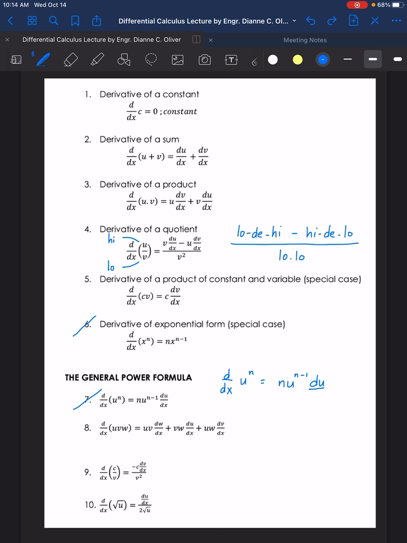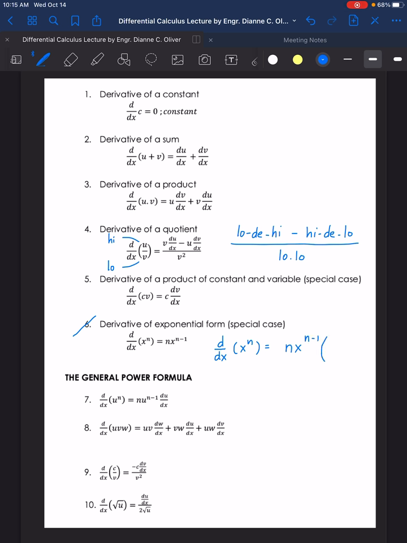Right? Now let's go to formula 6. For formula 6, the base here is not u, but rather the base is x. So let's follow the pattern of formula 7. So, for the derivative of x raised to n, you copy the base x, bring down the exponent n, minus 1 the exponent, and then what happens?